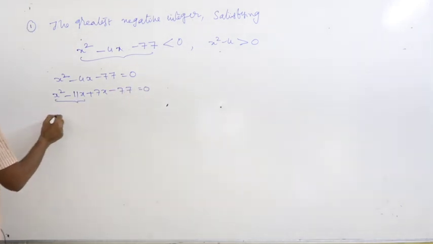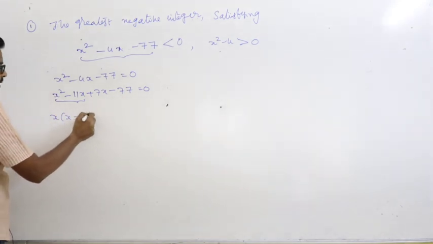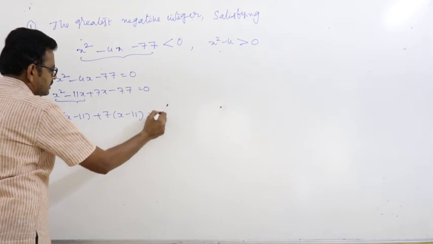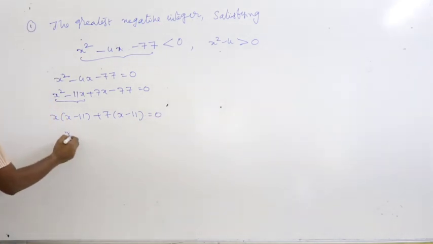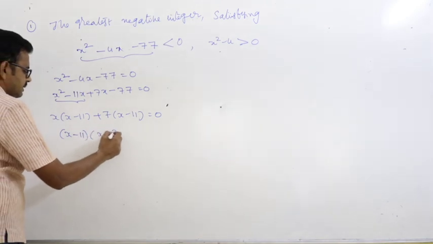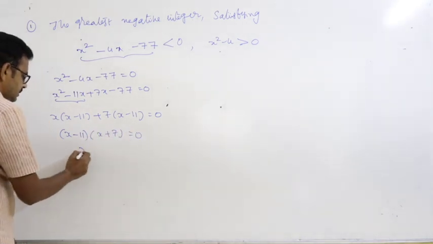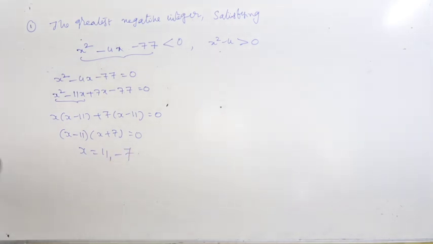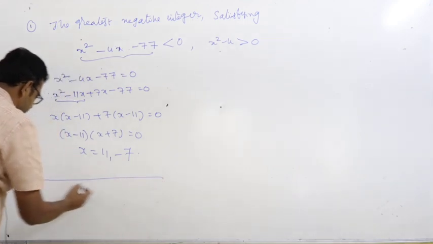These two, x common, x minus 11 plus 7 common, x minus 11 is equal to 0. So, x minus 11 into x plus 7 is equal to 0. x equal to 11 comma minus 7. So, you can go through this wavy curve.